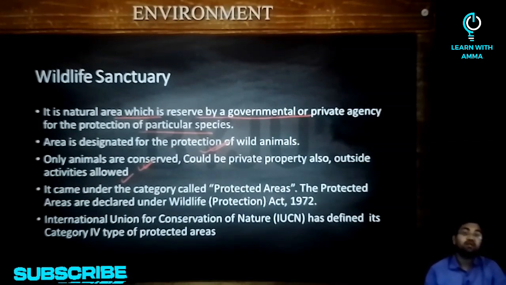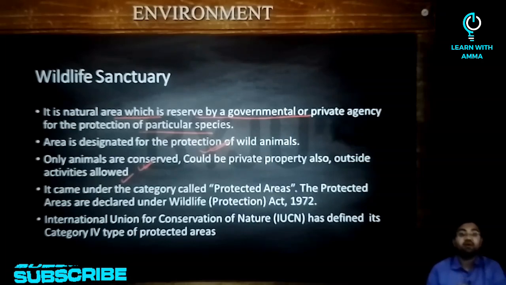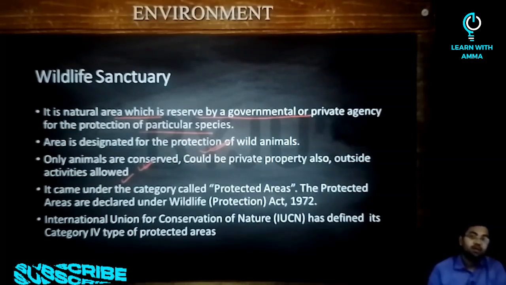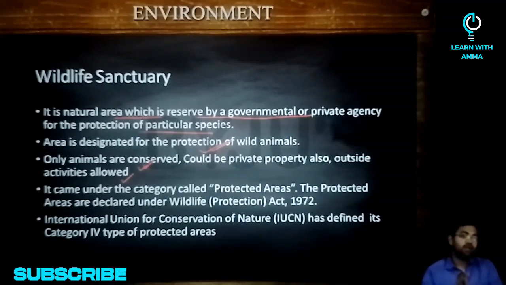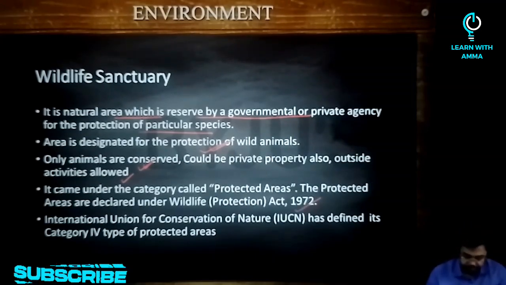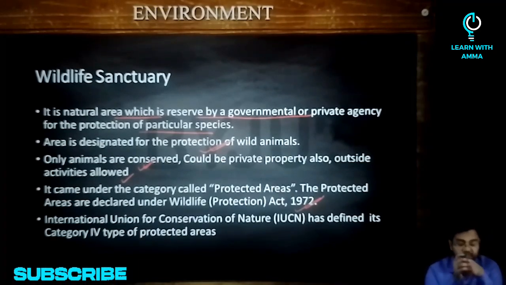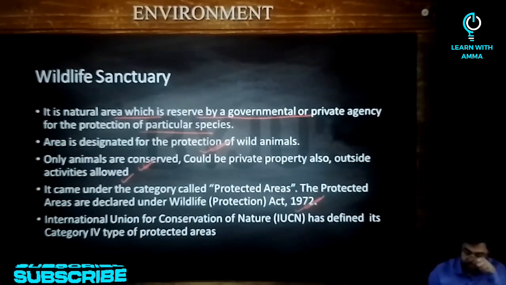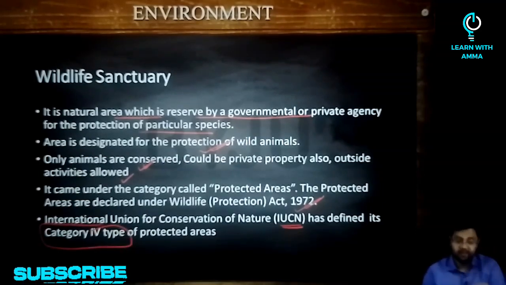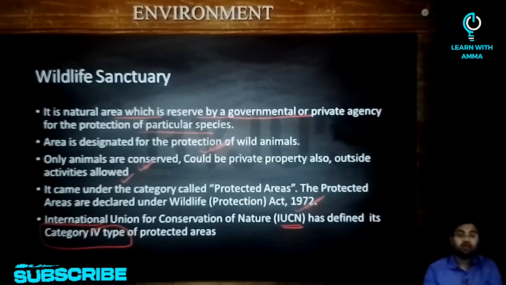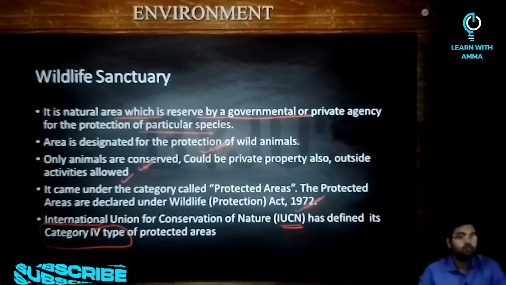Then it comes under the category called protected areas. The protected areas are declared under the Wildlife Protection Act of 1972. And finally, one last point that you should know, that IUCN has defined this as category 4 type of protected areas. What are these protected areas? Towards the end of the chapter we'll come back to it.